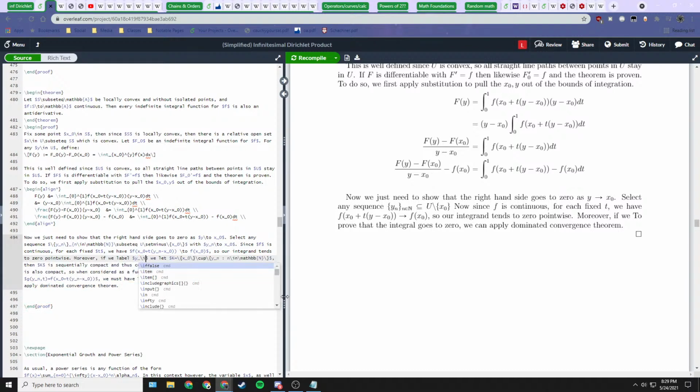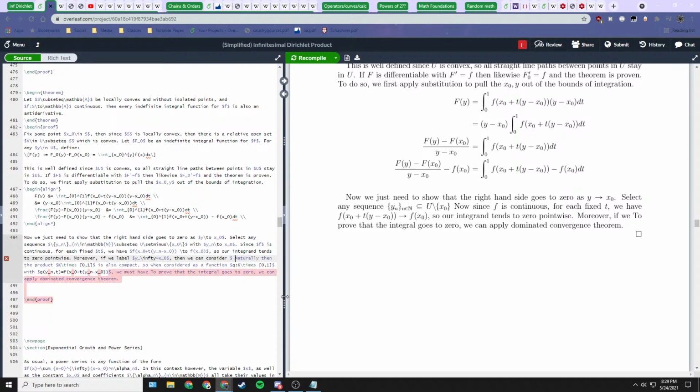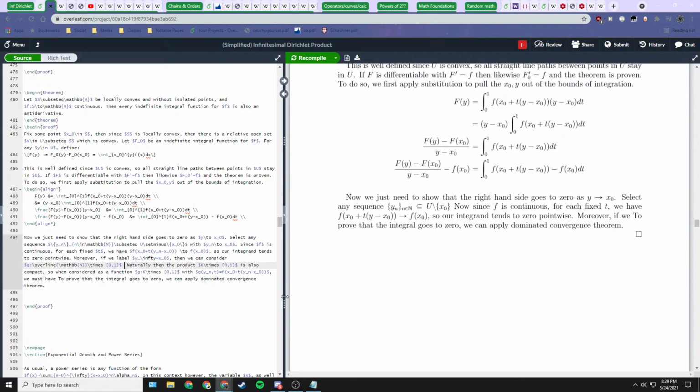Let me label y sub infinity as equaling x0. Then we can consider g which maps the extended integers times 0, 1 as being this function.